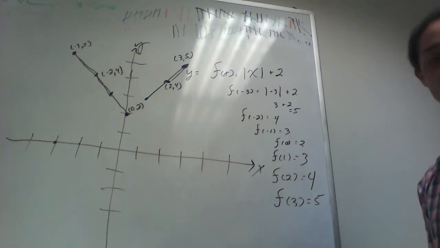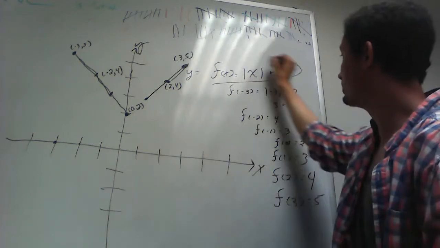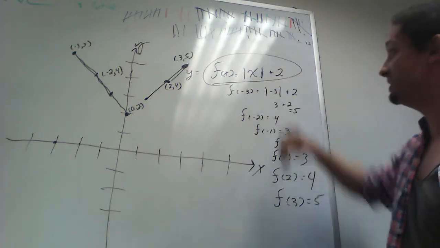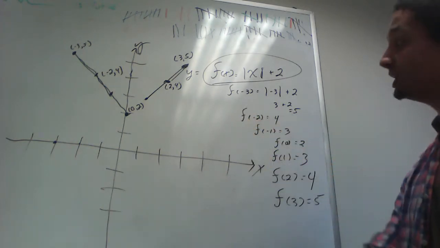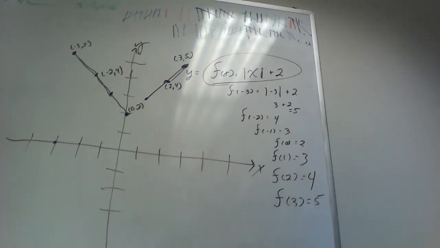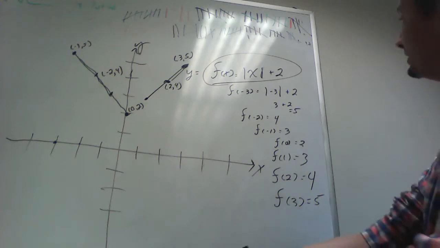Right? Pretty simple, pretty straightforward. Just remember how to do the absolute value thing here. And if you do that correctly, it'll come out as this V shape. If it's not a V shape, then you know something's wrong, because it's always going to be a V shape when it's an absolute value.